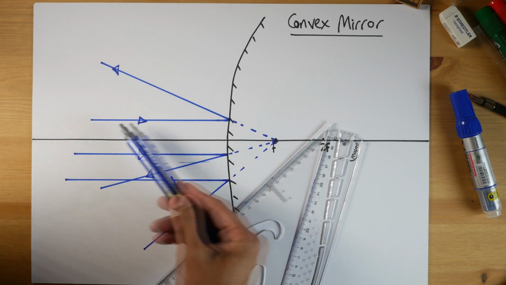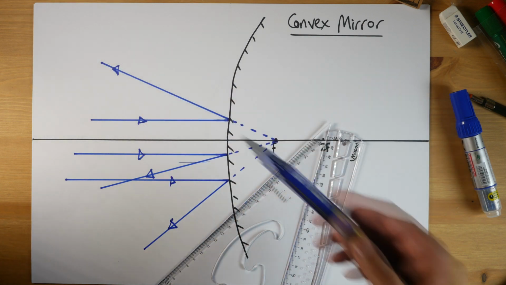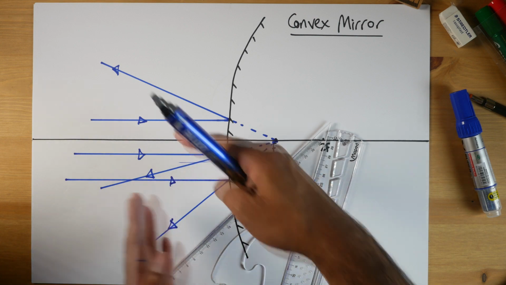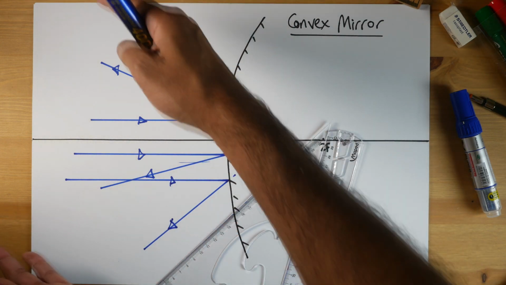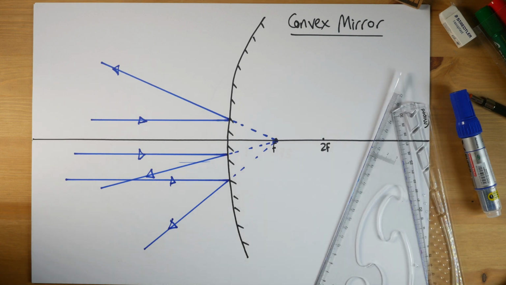So anything going parallel to the optical axis gets reflected like that. As you can see, all the light rays are moving apart, which is what we call diverging. Okay, that's the first thing.